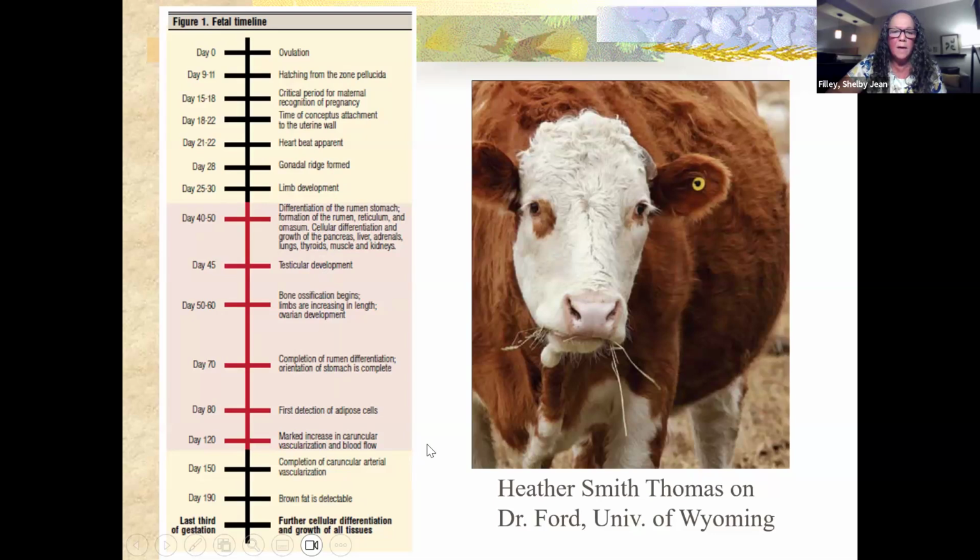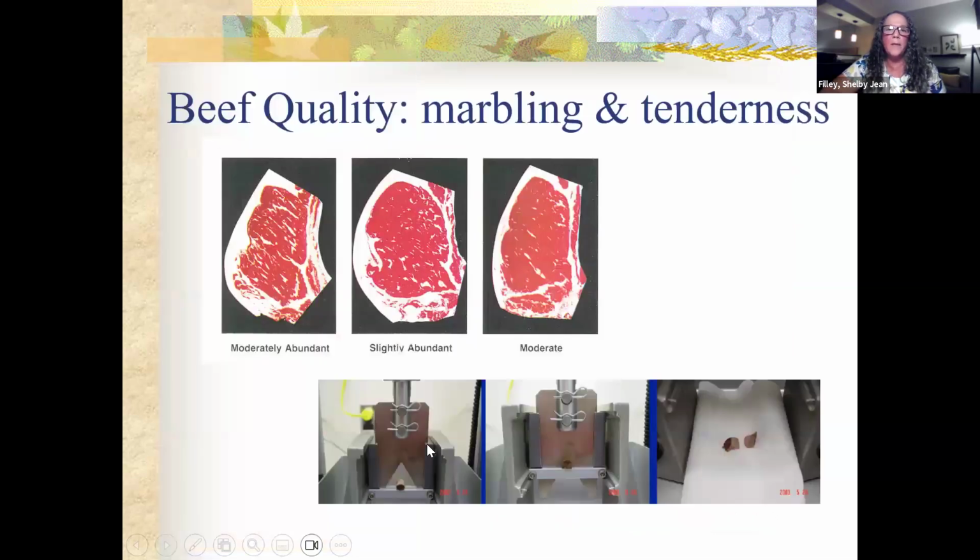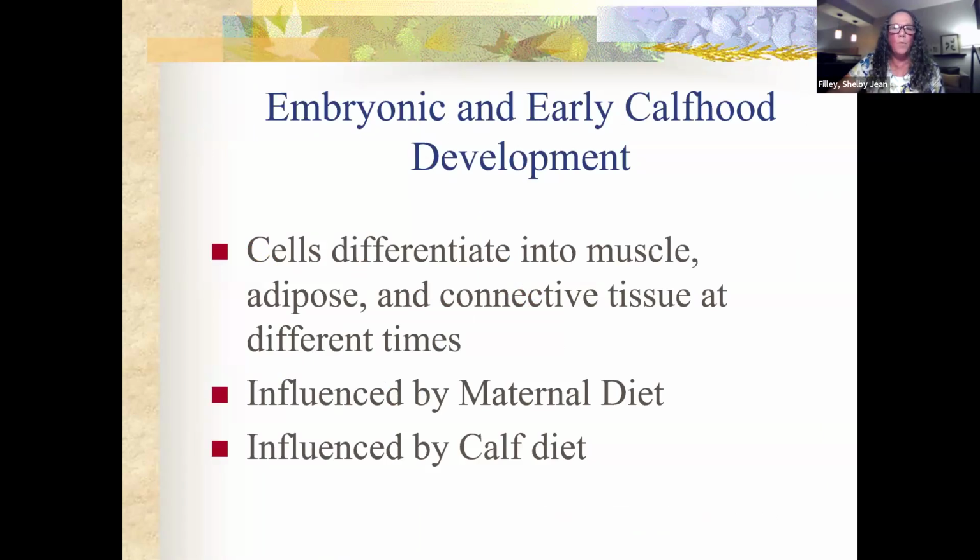And when we look at beef quality, marbling, and tenderness, for example, if we take a really good look at the effects of the mother's diet when the baby's in utero, we can see that cells differentiate into muscle, adipose, and connective tissue at different times.